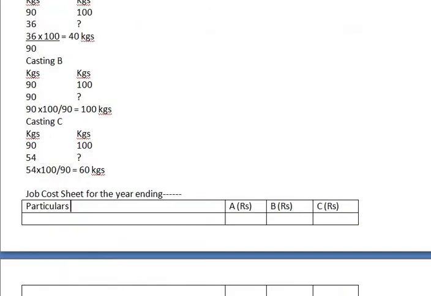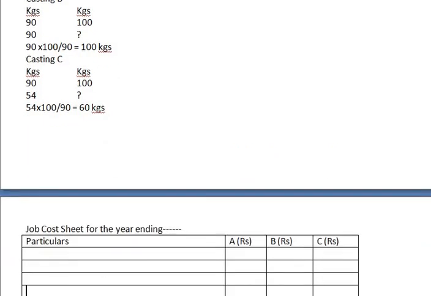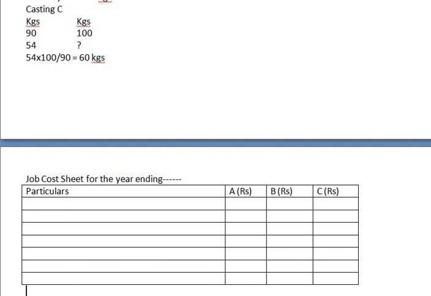Now here, write down on the next line: job cost sheet for the year ending. As there are 3 castings, we have made separate columns for all 3 castings. So particulars, and 3 amount columns. First we need to take direct material.